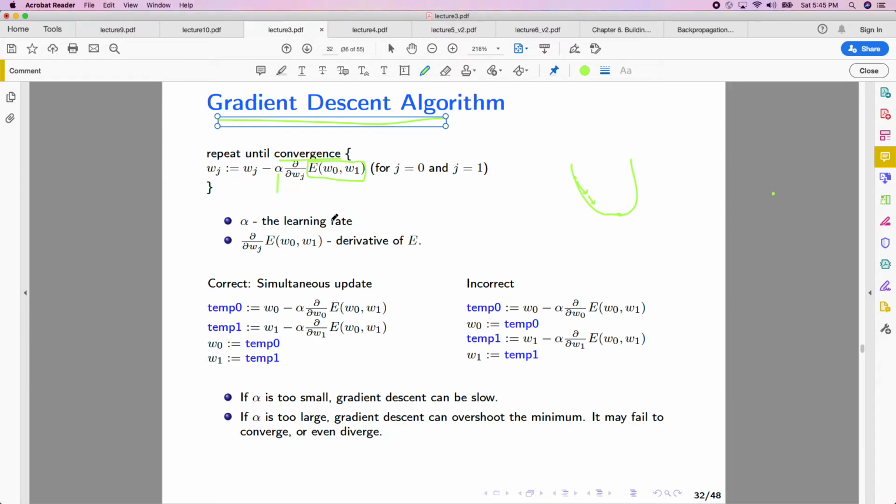This alpha can be fixed, or it can be what we call an adaptive learning rate. An adaptive learning rate, you see that in a number of optimizers, which we'll look at in subsequent series.